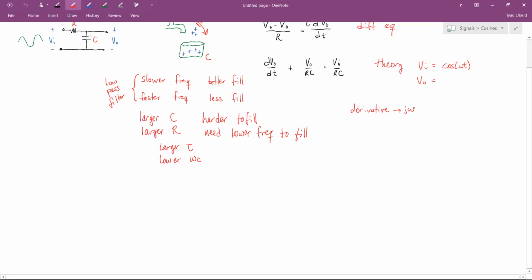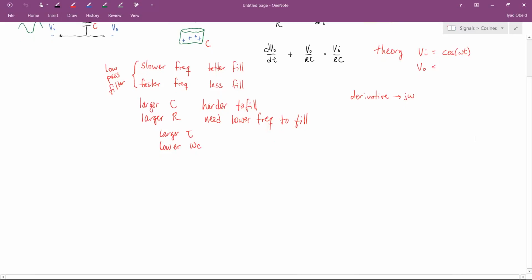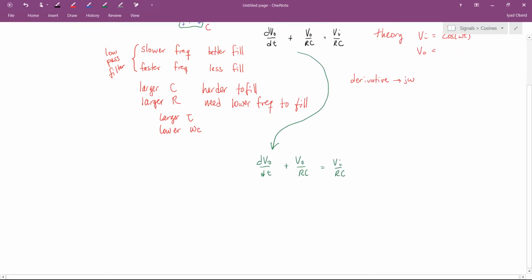So let's try that and see what happens in this case. Let me just rewrite the differential equation over here just so I have a little more space. So rewriting this down here, we have dV out/dt plus V out over RC equals V in over RC. Okay, and that's all with respect to time.